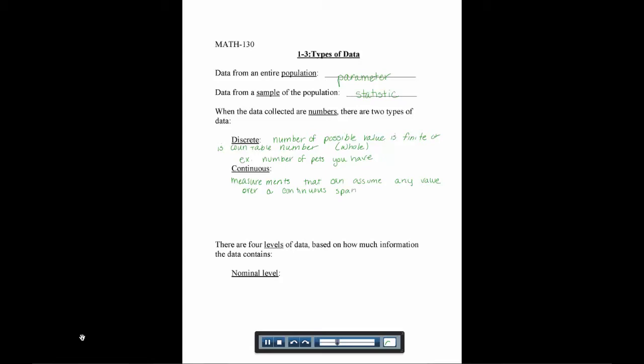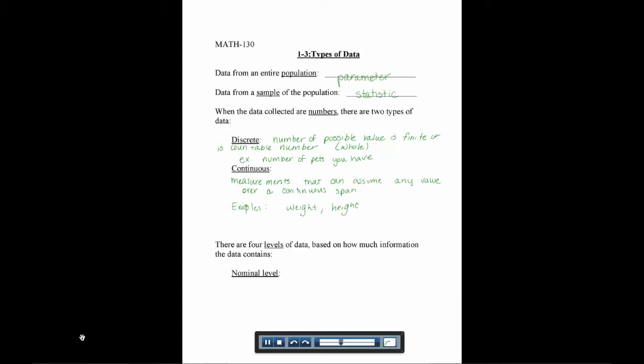So these are going to be mostly when you're measuring something. Examples would be the weight of something or the height of something. Let's say the weight of a kid. The kid might be 30.5 pounds, or it could be 30.7 pounds. You don't weigh whole pounds always. So that's why it's continuous.